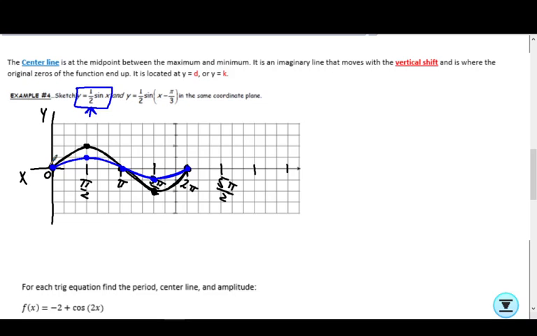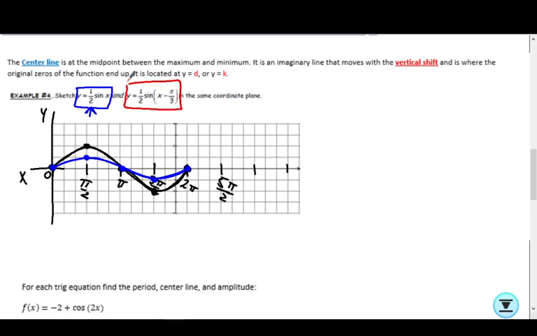Now, I'm going to do my second transformation with red. Basically my second transformation is exactly what I did, the 1/2 sine x, but now I've got a horizontal shift in it, and it says x minus pi over 3.